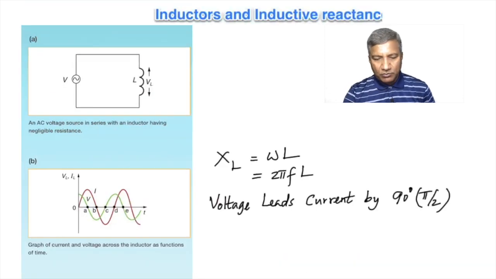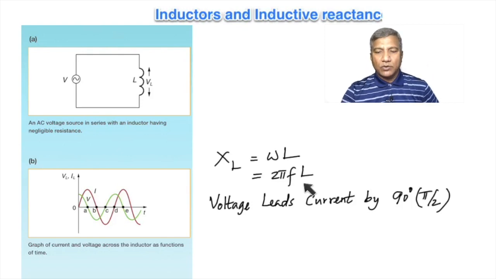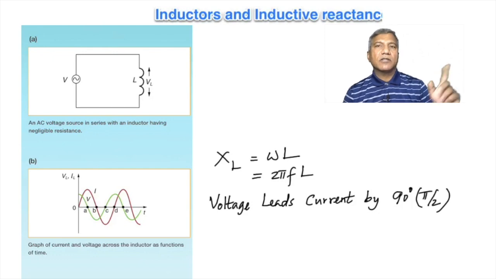It's represented by X sub L, and it's given by omega times the value of the inductance, which means that the opposition depends on the frequency. So the higher the frequency, the bigger the reactance. So two things: the voltage leads the current by 90 degrees, and inductive reactance is proportional to the frequency.